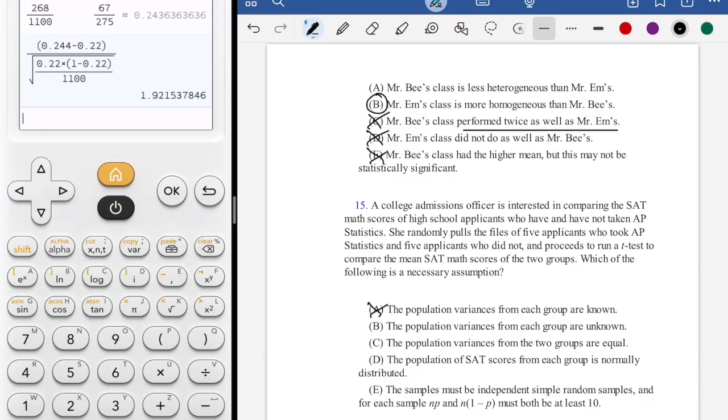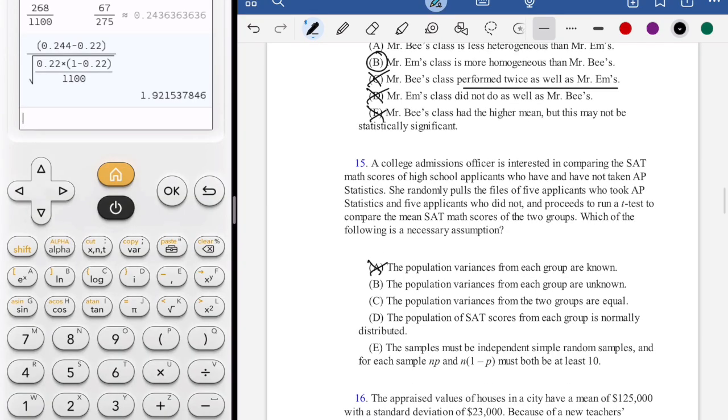It's a small sample. I'm still thinking it's a t distribution, so that's a possibility. So move on. C, population variances from the two groups are equal. Again, another possibility. The population of SAT scores from each group is normally distributed.